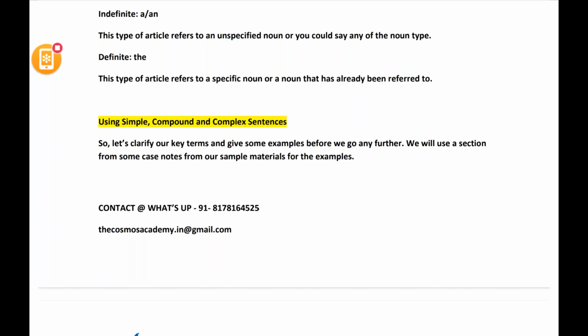If I have to make a compound sentence, an example of a compound sentence is: she is a beautiful girl and she has a beautiful smile. If you look at the sentence now, both the lines are different. They are not dependent on each other.